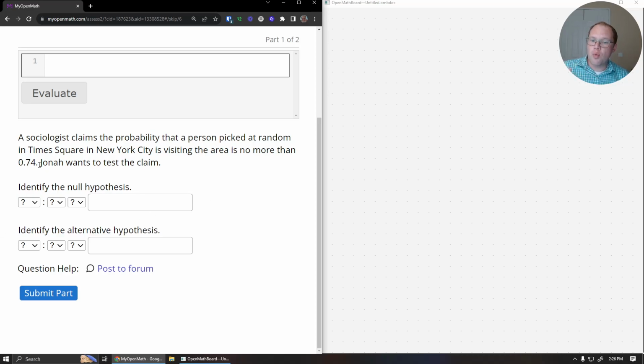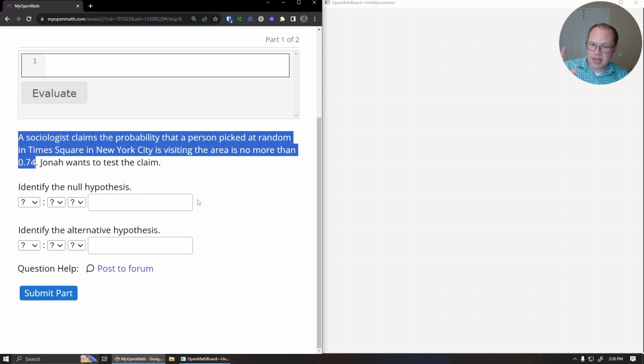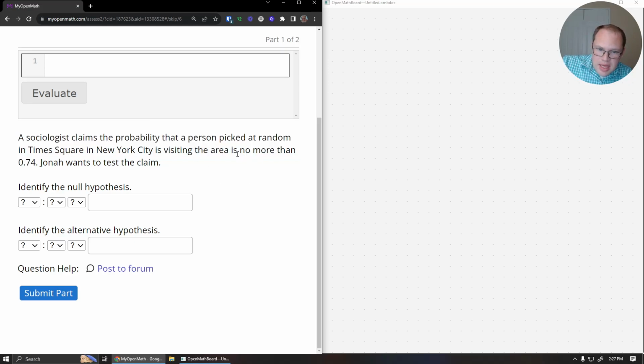So let's write the statement given in the problem in mathematical form. That'll help us know whether we're dealing with the null hypothesis or the alternative. So here, the sociologist claims the probability is no more than 0.74. So in this case, the probability is a stand-in for proportion.